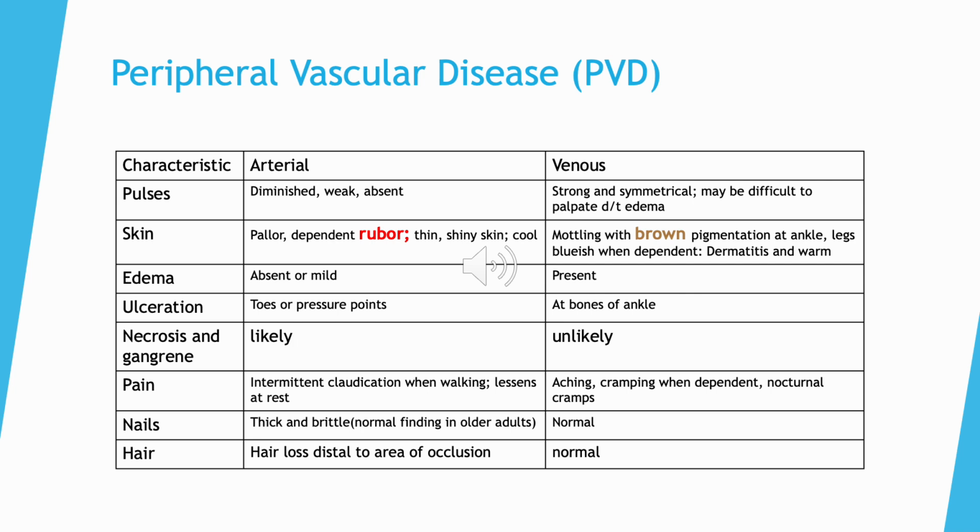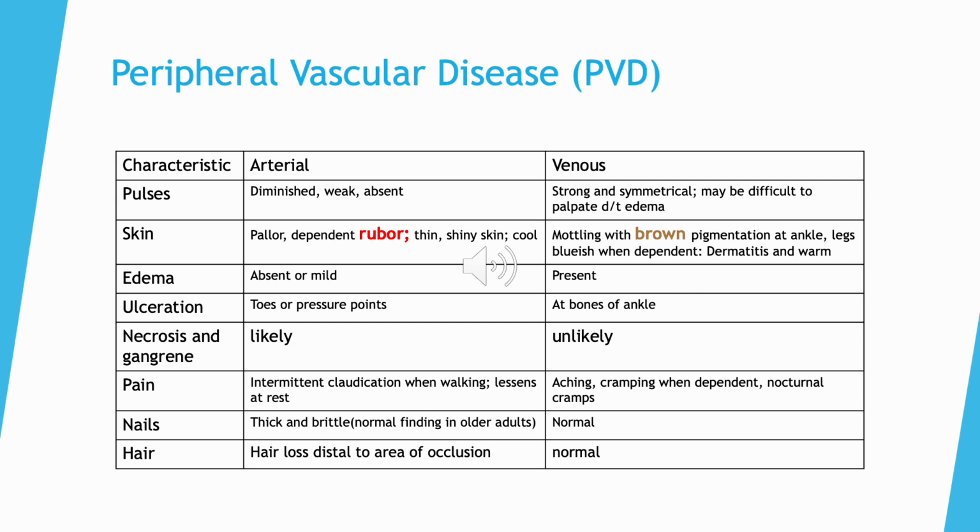That's where you're most likely going to see it. Arterial disease is prone to necrosis and gangrene, and venous disease will not be. The pain in arterial has intermittent claudication, and it lessens at rest, whereas with venous, it's more of an aching, and they'll have nocturnal cramps when they're in bed.